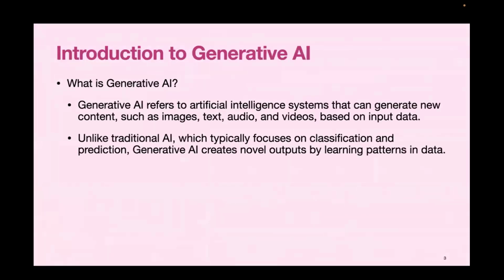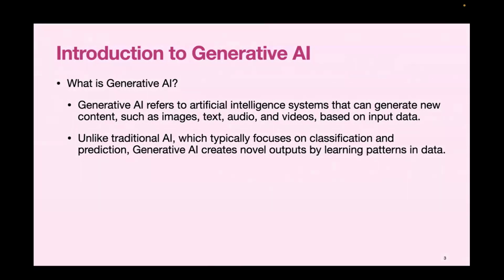for invoice extraction. Generative AI refers to AI systems that can generate new content such as images, text, audio, and videos based on the input data. The difference between generative AI and traditional AI is that in traditional AI, we used to do classification or prediction.